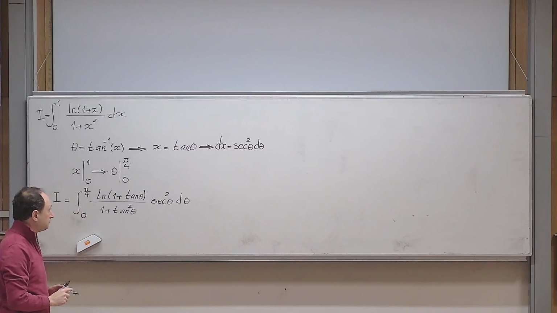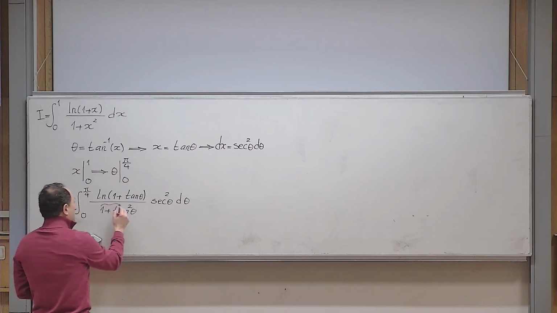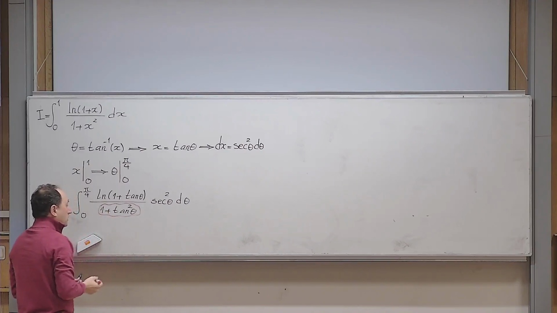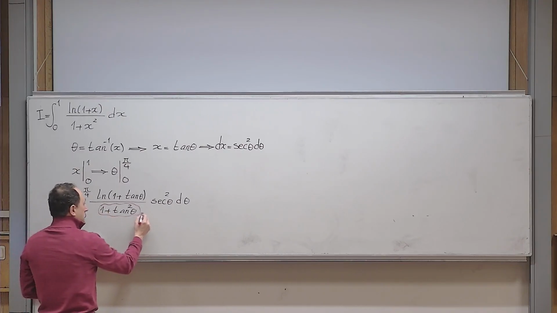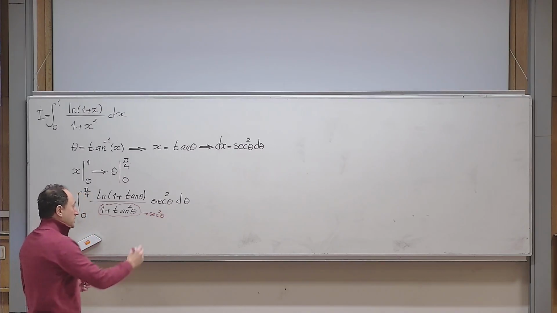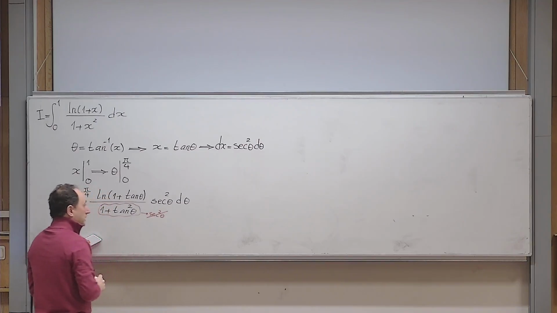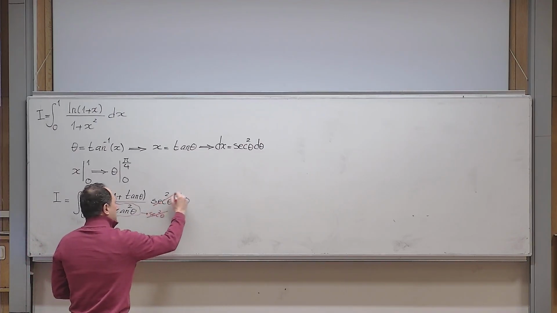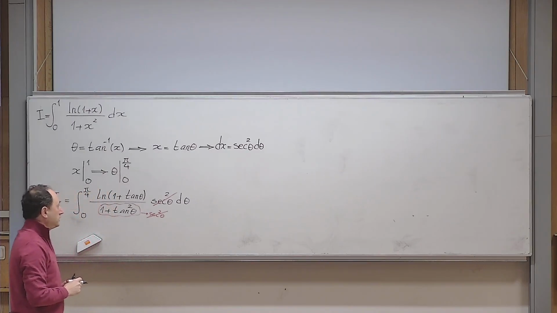But this is a very famous combination in trigonometry. 1 plus tan theta squared is nothing except secant theta squared, which is very good, because now this secant theta squared in the denominator and this secant squared theta in the numerator are cancelled.